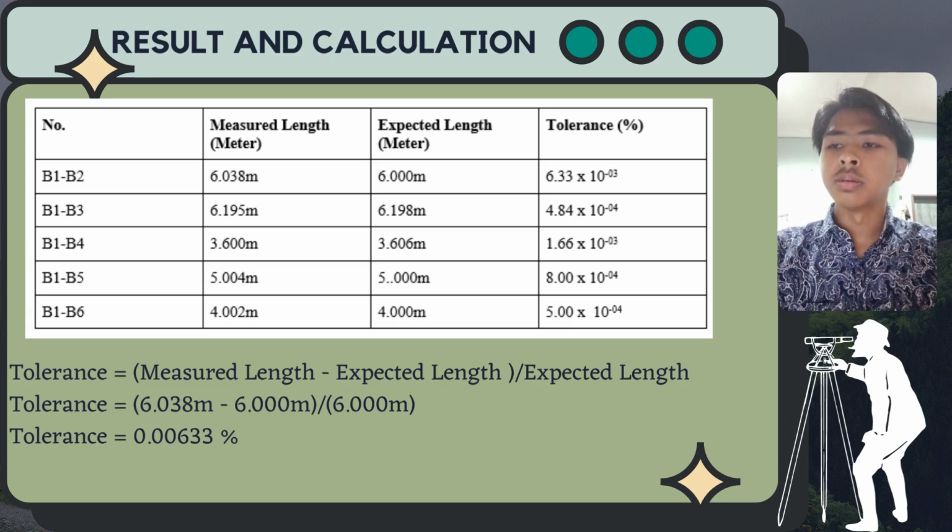So I use the B1 to B2 value, where 6.038 meter minus 6.00 meter, and then we divide it by the expected length of 6.00 meter, and the answer for tolerance is 0.00633%.